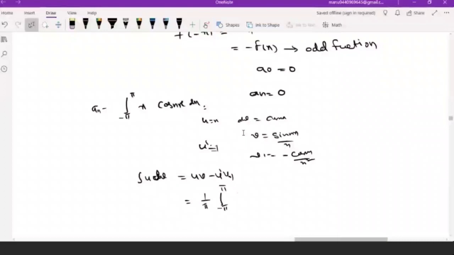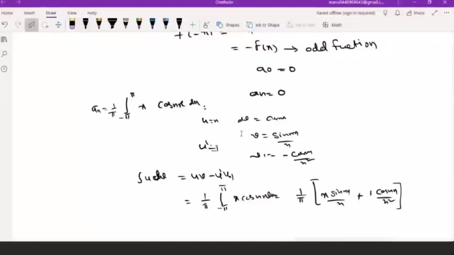An is equal to 1 by pi, the integral of x into cos nx dx, which is 1 by pi of: u value is x, v value is sin nx by n, minus into minus plus 1, cos nx by n square, from minus pi to pi.